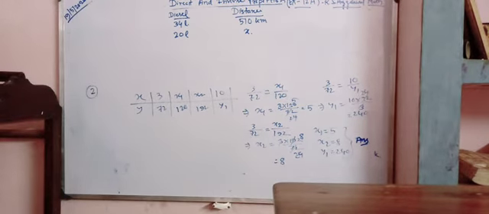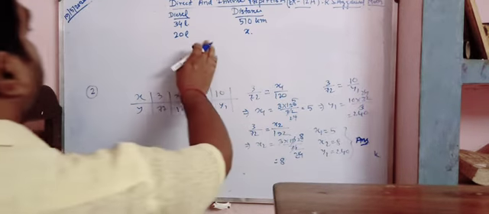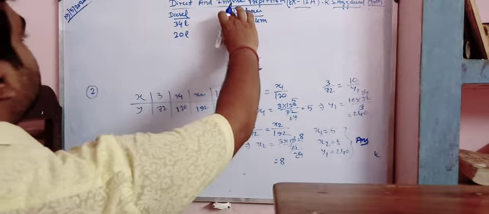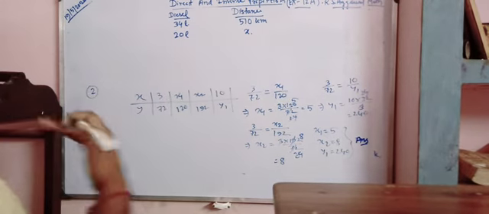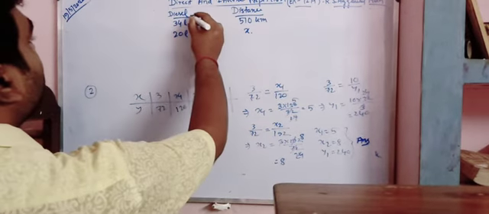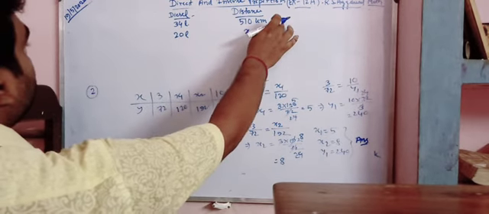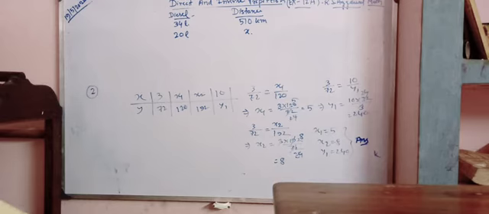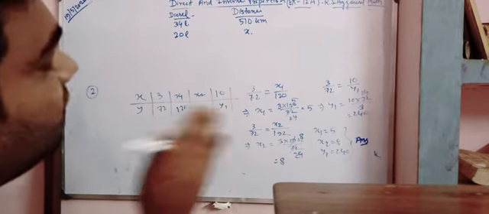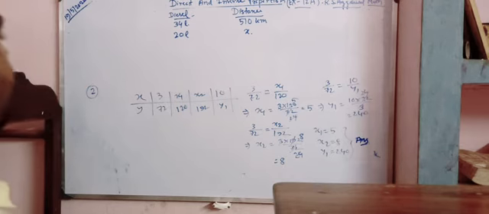Now we have to observe whether these two quantities, diesel and distance, vary directly or inversely. Since more diesel covers more distance, if we put more diesel in a car, that covers more distance. Less diesel, that car covers less distance. So there is direct proportion.